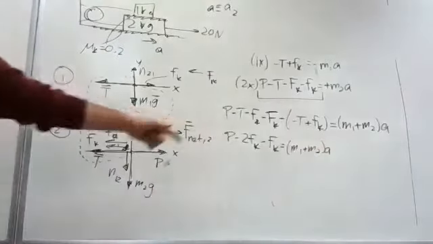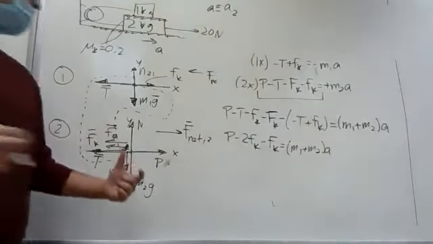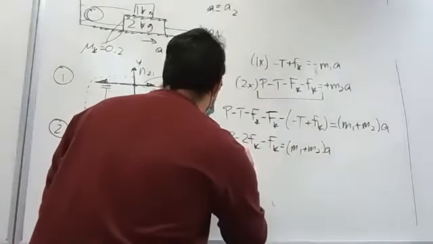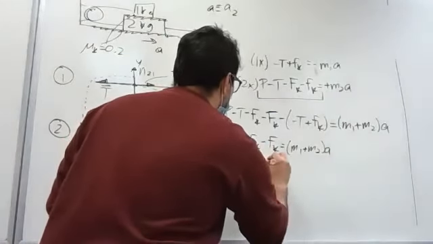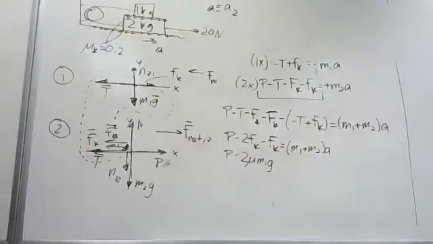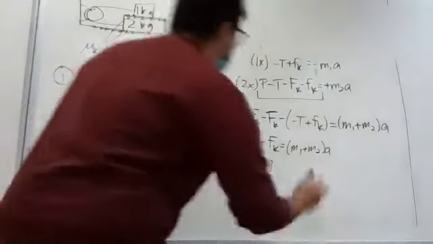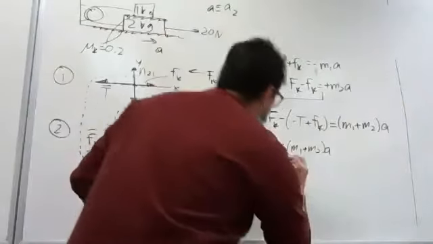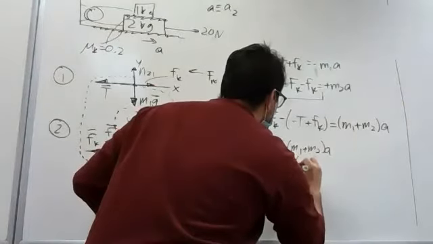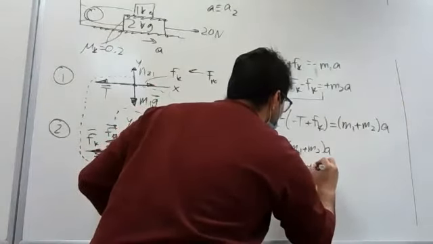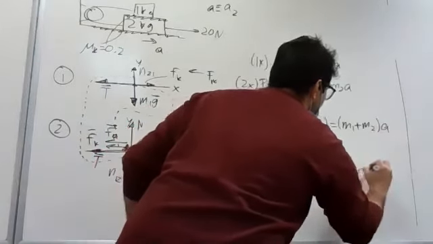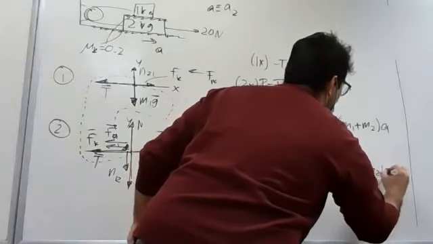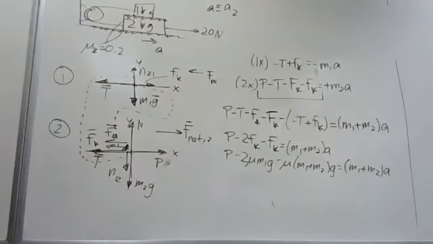And then I break open the friction forces and say what they're really equal to. That's equal to P minus 2 mu M1 g, right? And then big fk, that's minus mu times M1 plus M2 times g.